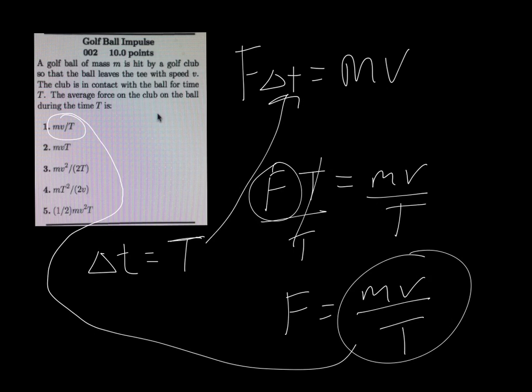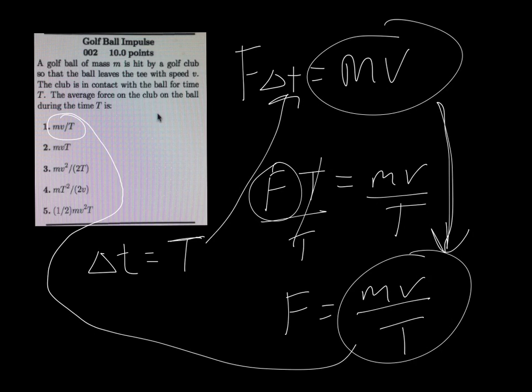So we want to know the force applied to give it that momentum in this case. That's why we rearranged to solve here. The new momentum divided by how much time you applied that force will determine the amount of force that was given.